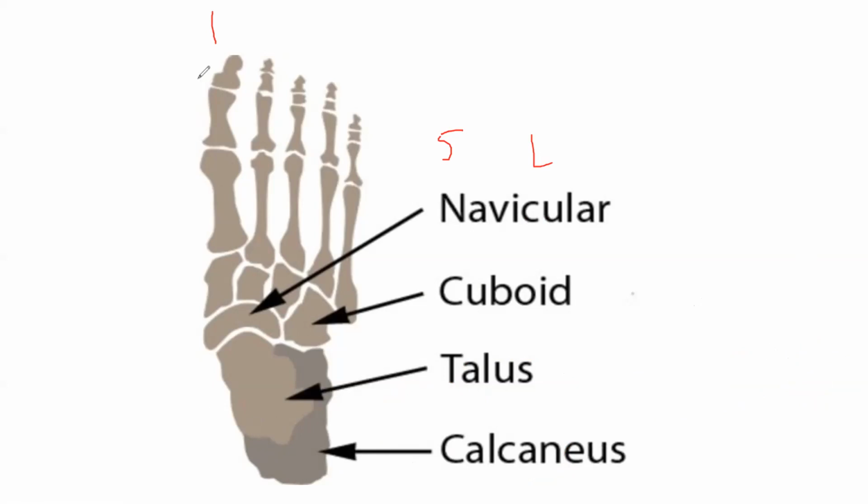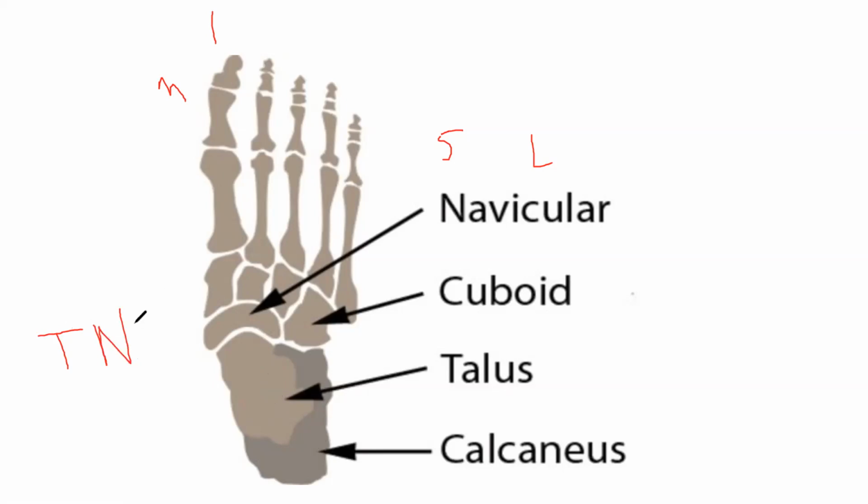This is the medial side, this is the lateral side. Start with the talus, the upper bone attached to the tibia. Just below it is the subtalar joint, and then the calcaneum. When you come to the medial side, there is the talus and navicular. So TN, talus navicular. This is the medial side.